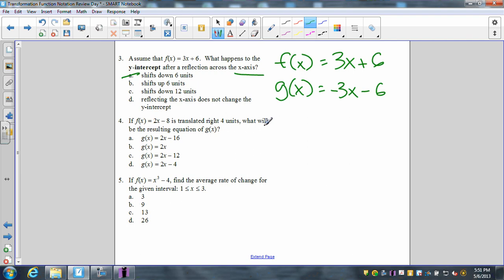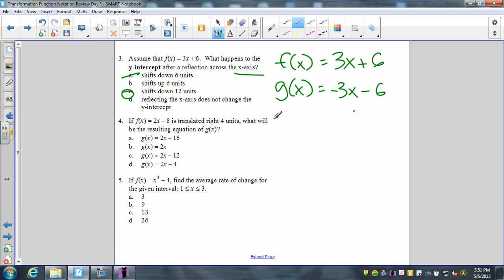It did not go down 6 units. It went from positive 6 to negative 6, so it had to cross 0 in order to get there. It went down 12 units. 6 minus negative 6 is like 6 plus 6, which is 12. Please, please, please don't get confused and put that it went down 6, because it really went down 12, from positive 6 down to negative 6.